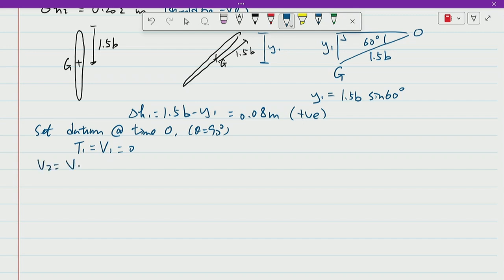V2 has two components. The final velocity for M2 and the final velocity, not the velocity. Sorry, the final kinetic energy. Oh, sorry, I messed up. Okay, this is why I don't like the annotation.